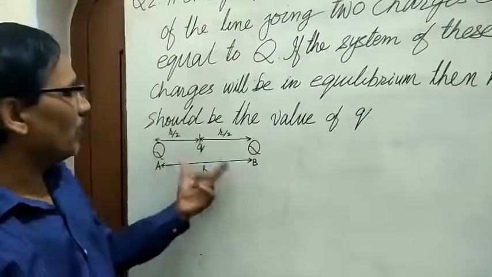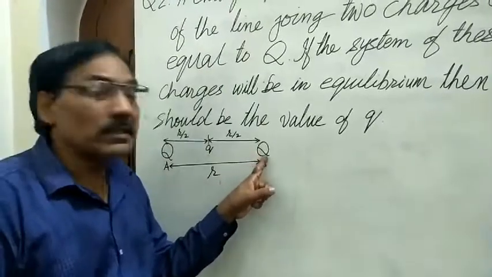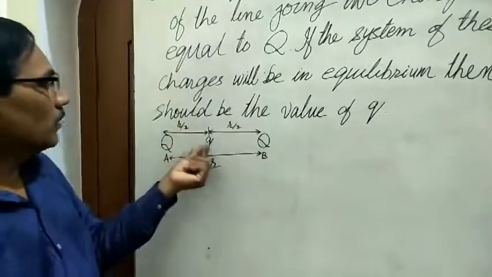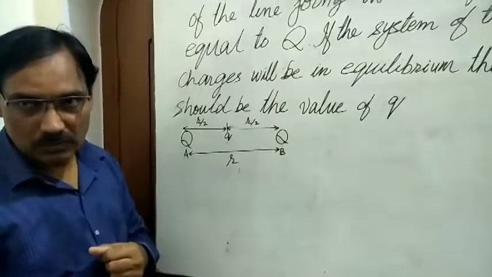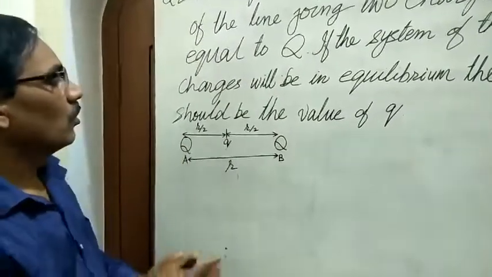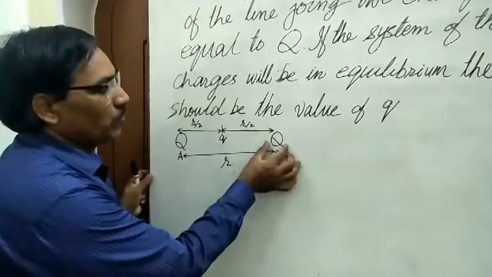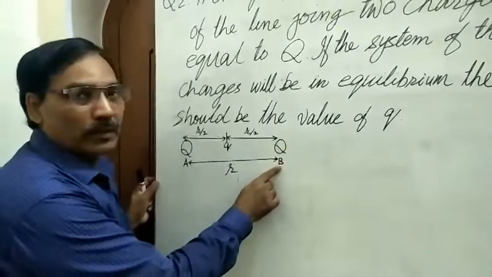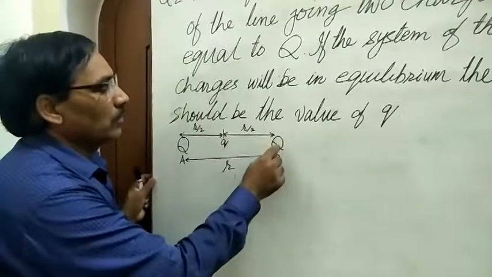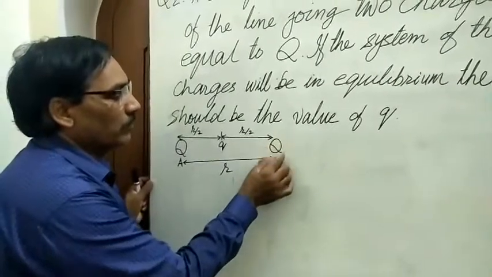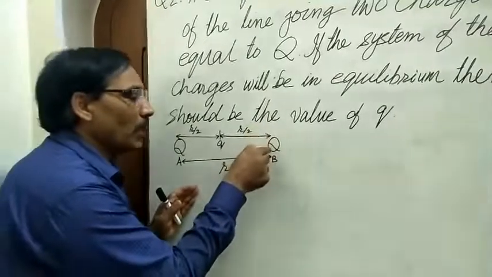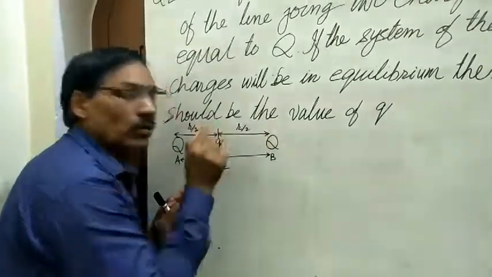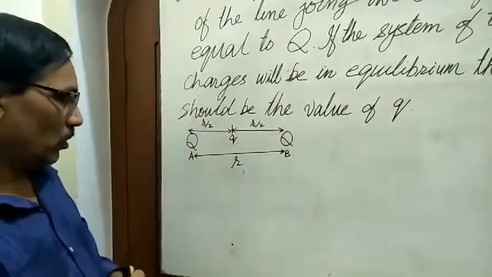Now this system will be in equilibrium when the net force on Q is 0, net force on small q is 0, net force on capital Q is 0. We will take one charge, suppose Q at point B, and find the net force at point B. This system will be in equilibrium if the net force on this charge Q is 0.